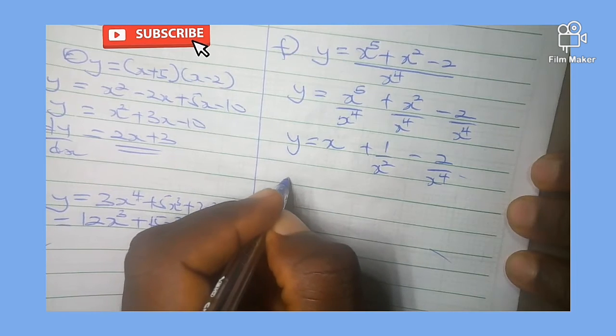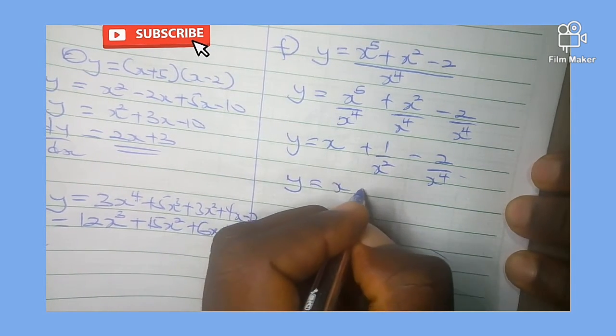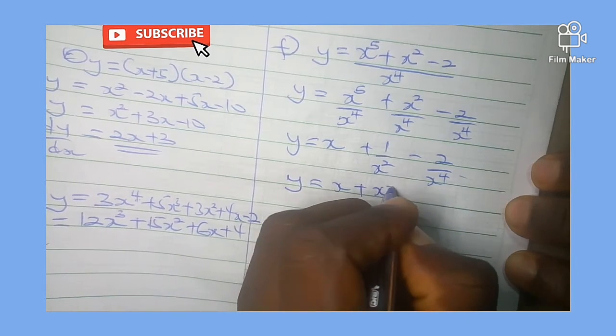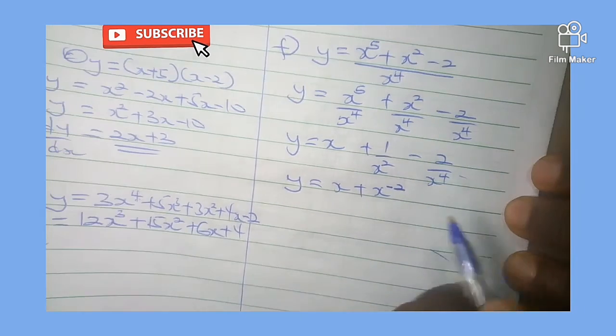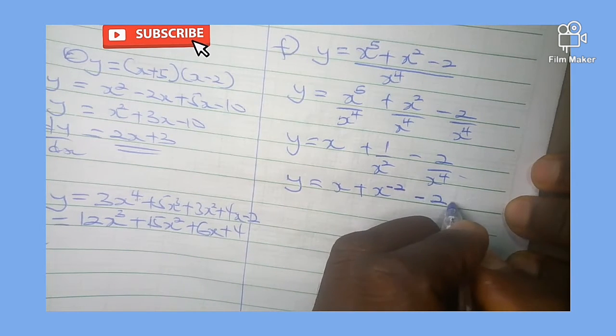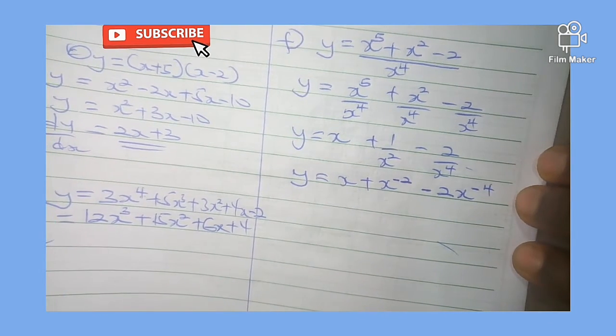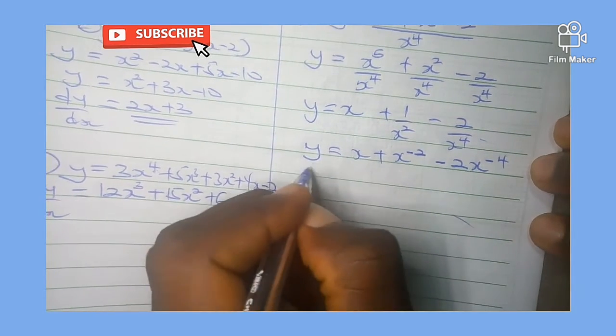Good. So for you to differentiate this, you need to make it in this form: y is equal to x plus x to the power minus 2, minus 2 x to the power minus 4. Now let's differentiate.